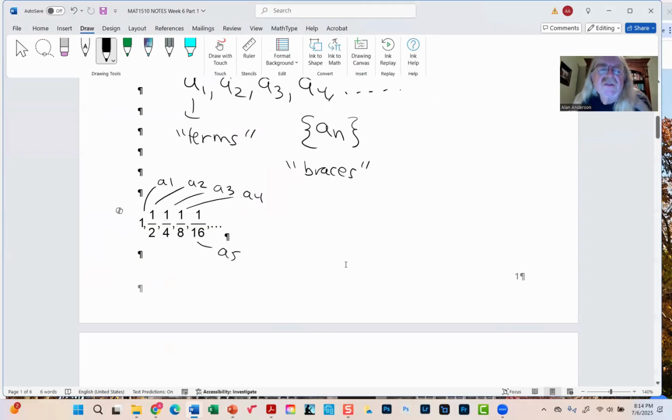So the first thing we need to do is figure out what the pattern is. Now, clearly, in each case, the numerator is 1. We can think of this first term as 1 over 1. So in the numerator, we always have 1. And if you notice in the denominator, we keep doubling as we go along.